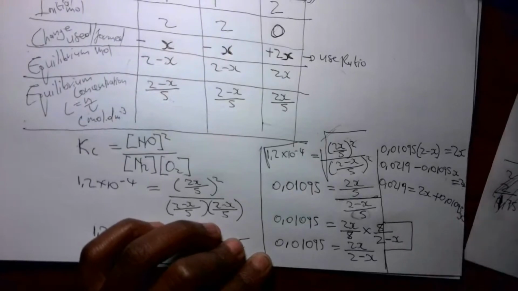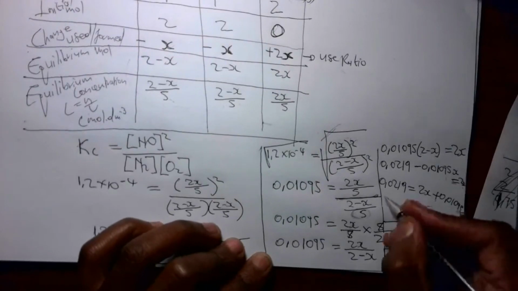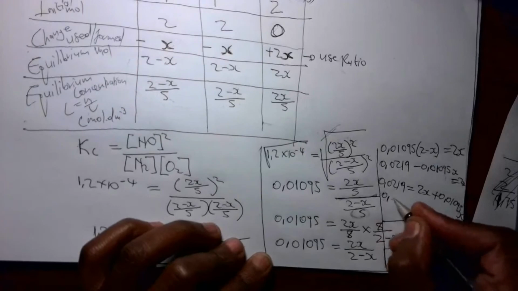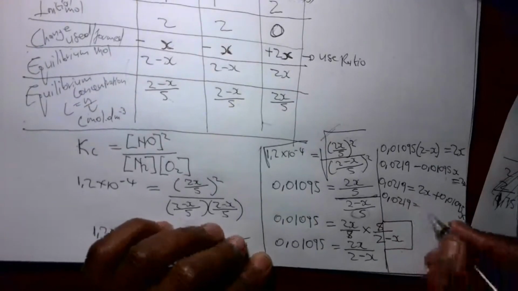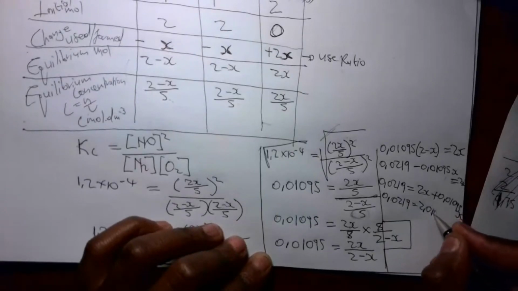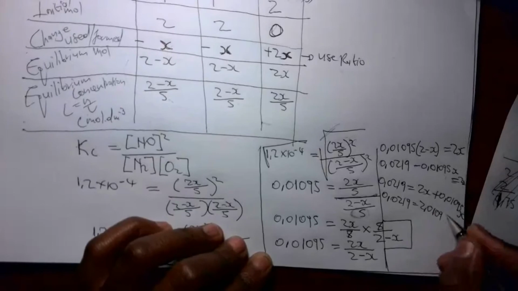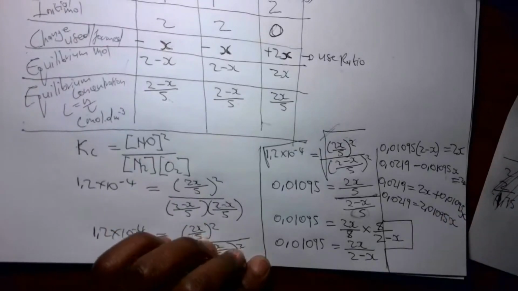So we add the 2 plus 2, we're going to get 0,0219 is equal to 2,01095x.